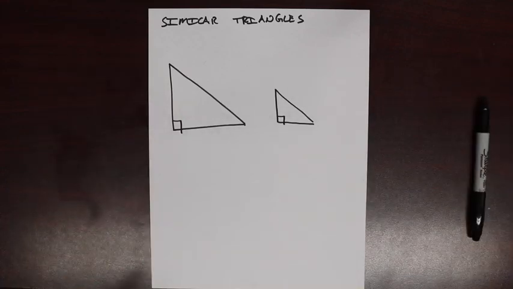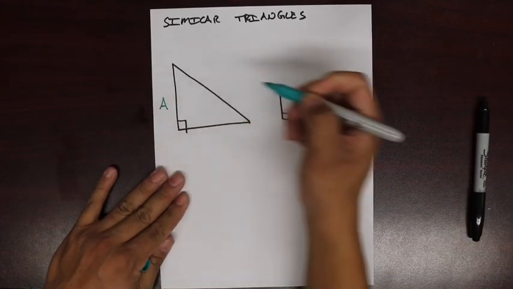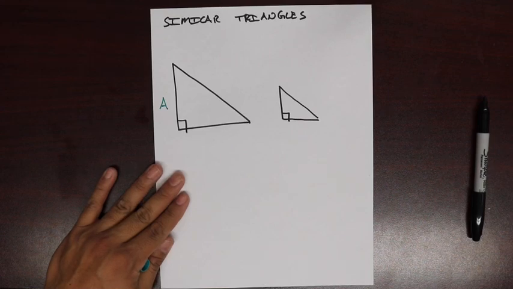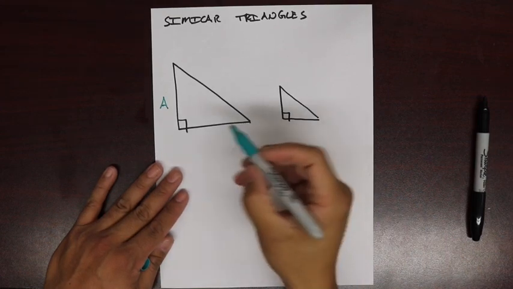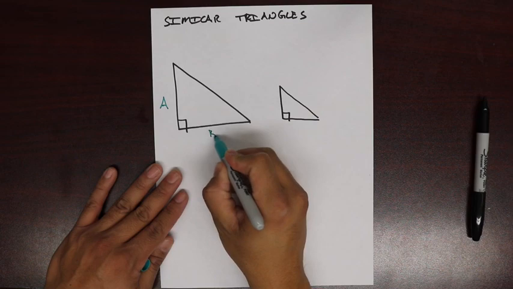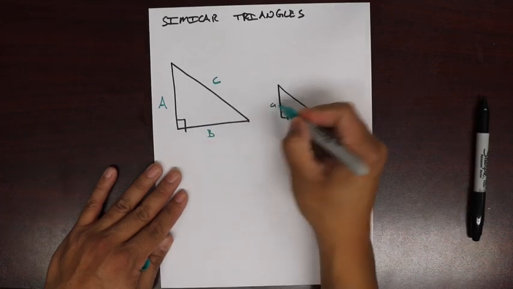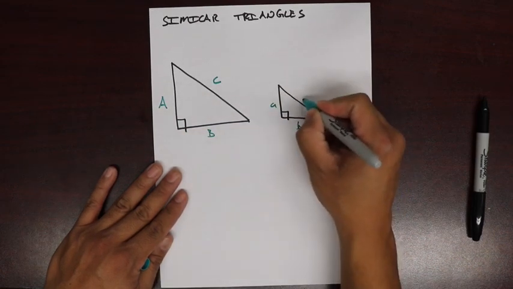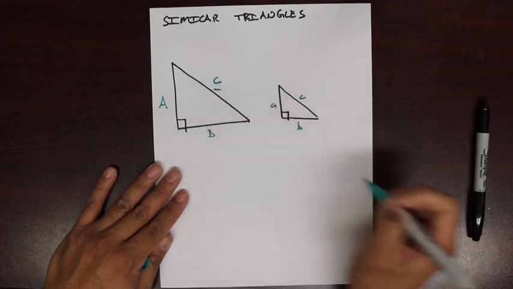What we're saying is that since these are similar triangles, let's label these sides here a big C and a little c.